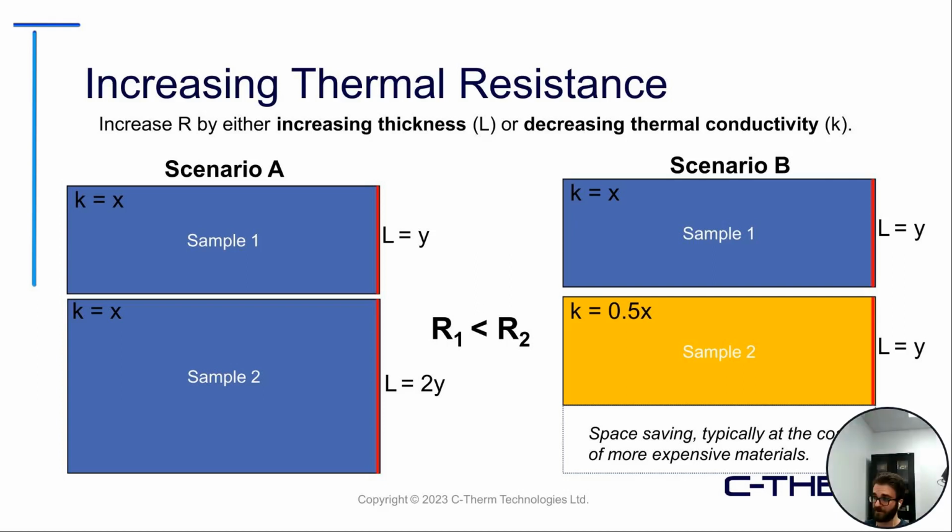The other side, as you can see on the right, is scenario B, where you're decreasing the thermal conductivity of that material. So you're using a different type of sample. It has a lower thermal conductivity, but maintains the exact same thickness. And again, in this scenario, the thermal resistance of R2 will be greater than that of R1.